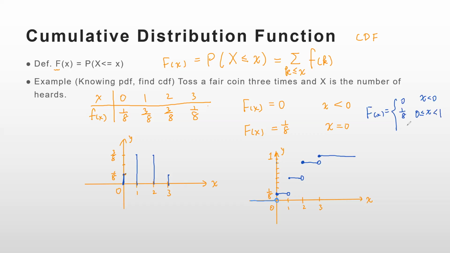And you have 1/8 plus 3/8, so that's 1/2, when x is greater than or equal to 1 and less than 2. Then you add 3/8 at x equaling 2, less than 3, you get 7/8, and when x is greater than or equal to 3, you get 1. So this is the complete CDF.